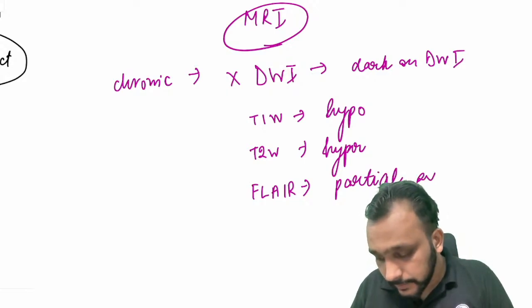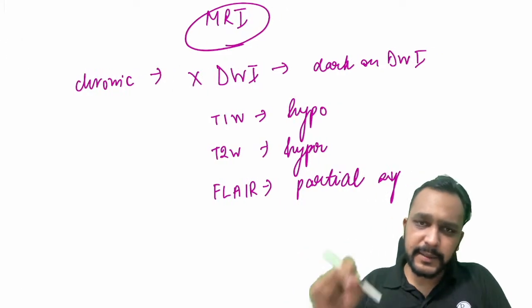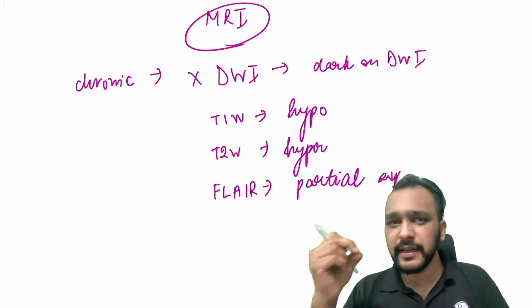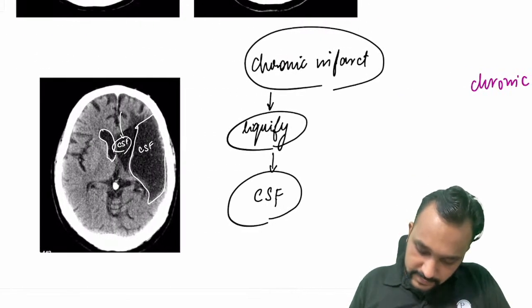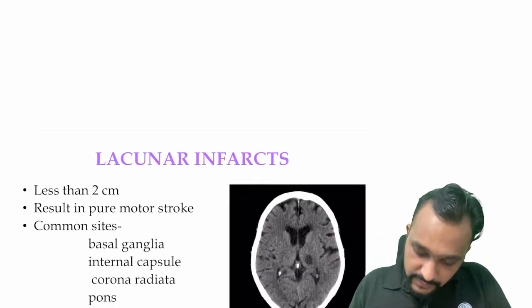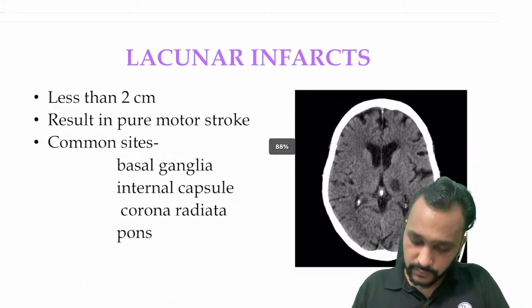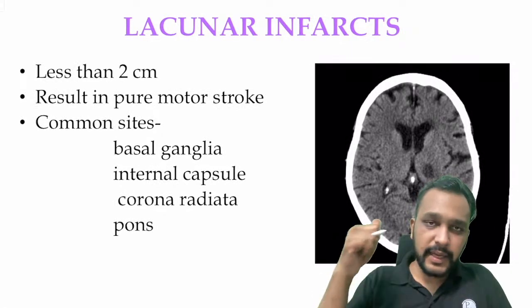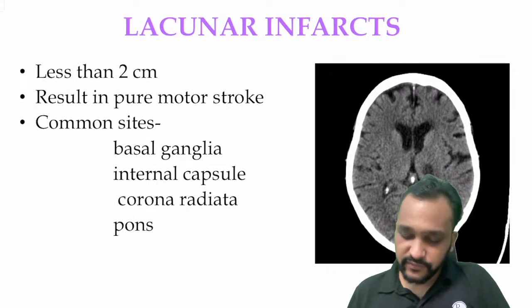Partial suppression means that on the FLAIR images the chronic infarct can appear dark, right? So we have discussed all the important imaging features of hyperacute, acute, subacute and chronic infarcts.